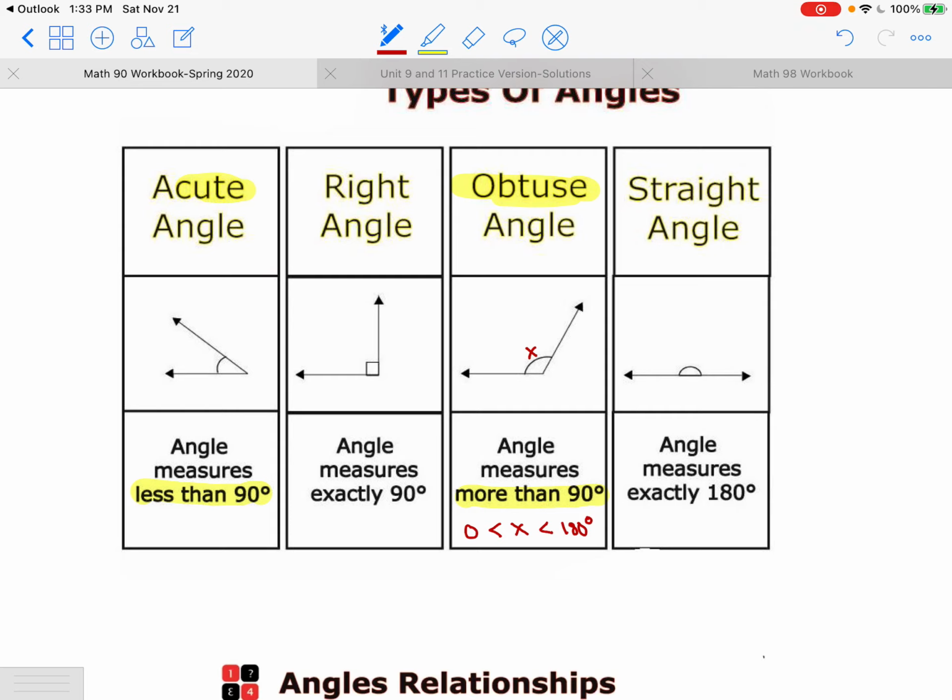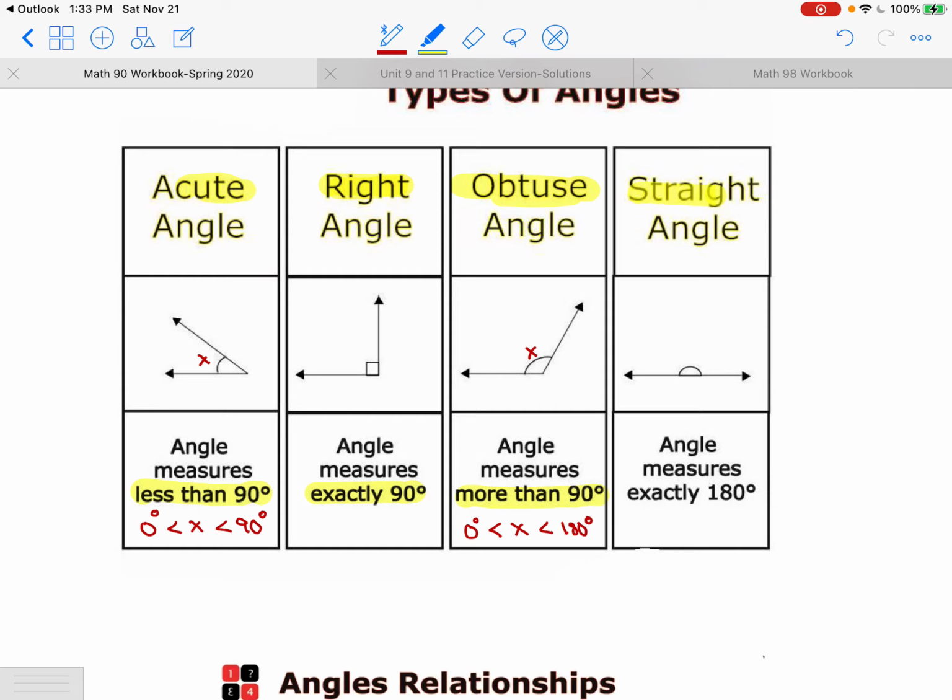And of course we could say the same over here if we were to call this X here. We know that an acute angle has to be greater than 0, but it has to be less than 90 degrees. I need to put my degrees in there because once we hit 90 degrees, we actually have a right angle. It's exactly 90 degrees, right?